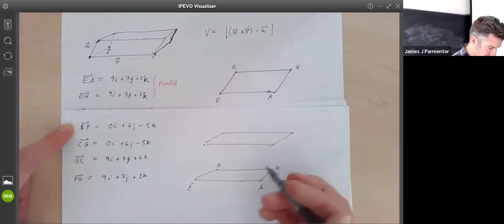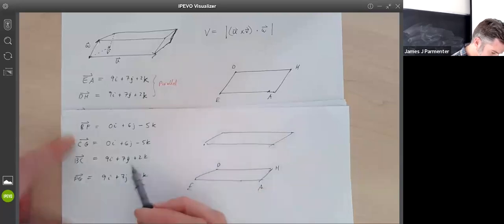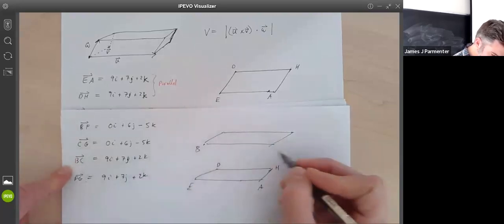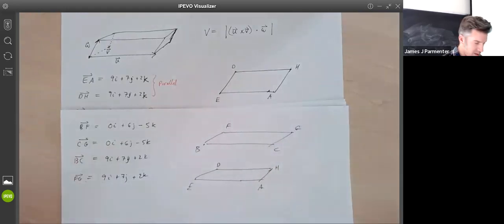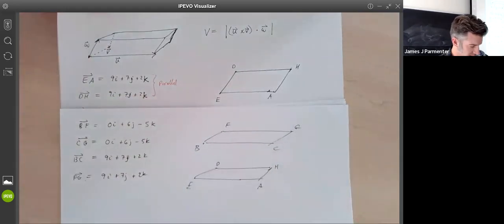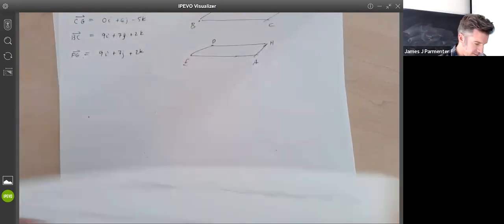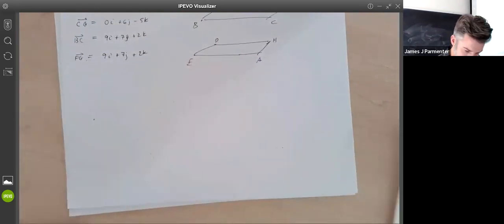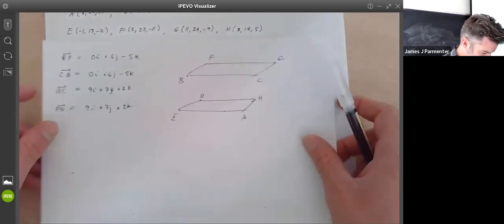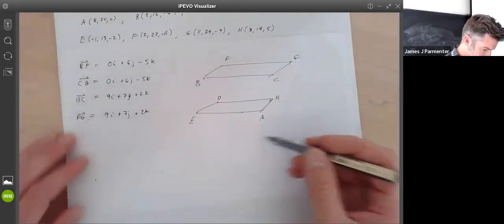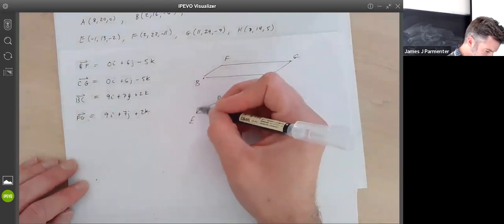Now I don't know if I've really drawn these in the right order, but I've got my B, C, and my F, G, like that. Or maybe they're flipped over, like I don't actually know. So now I'm going to try and get from the bottom to the top. And again, here are my points. So can I just go from E to B?